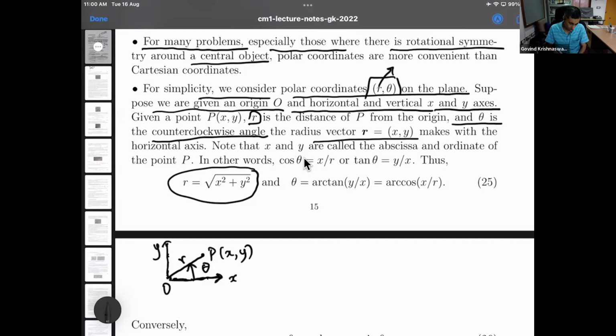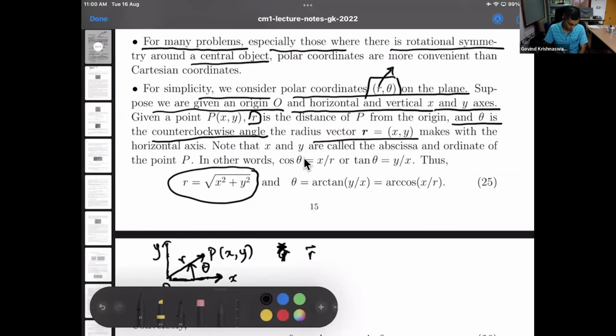You could of course do it differently, but this is a fairly standard convention to go counterclockwise and to measure it from the x-axis. Now the position of the point named P is associated with the position vector, which is denoted r.